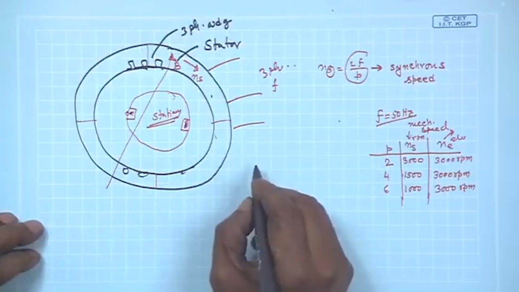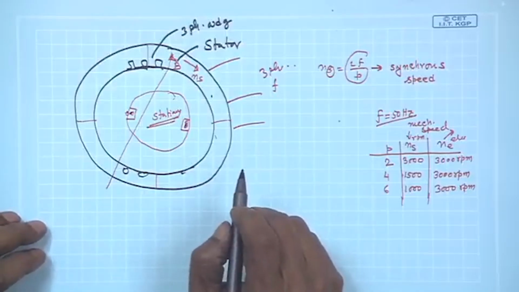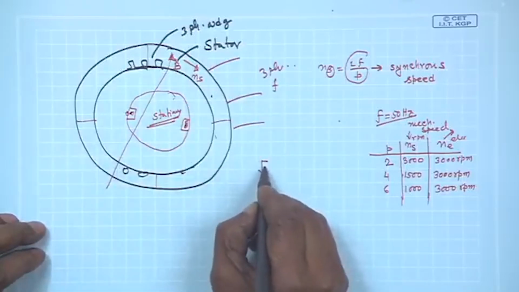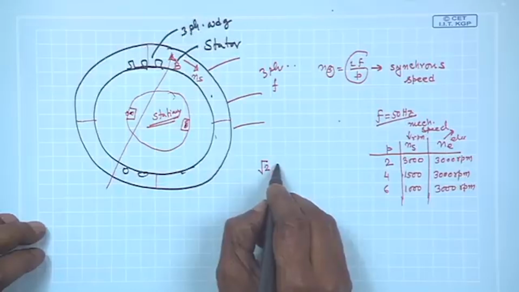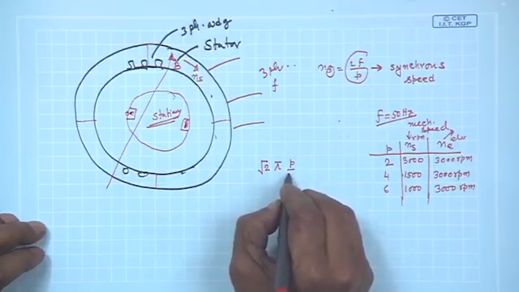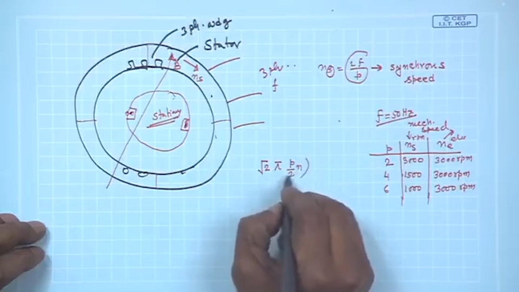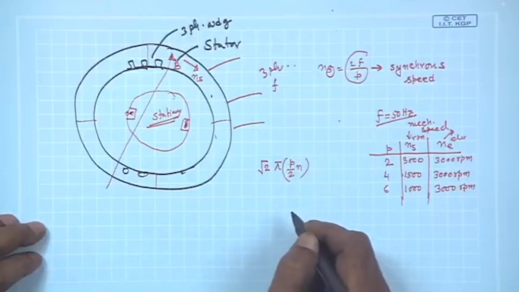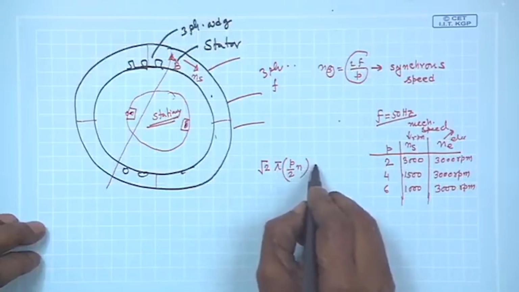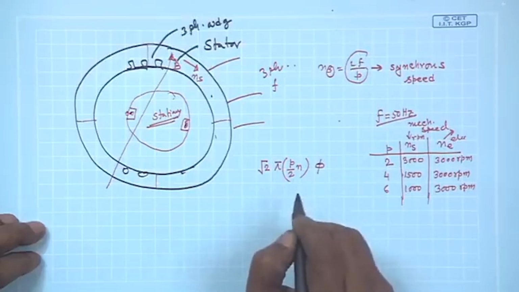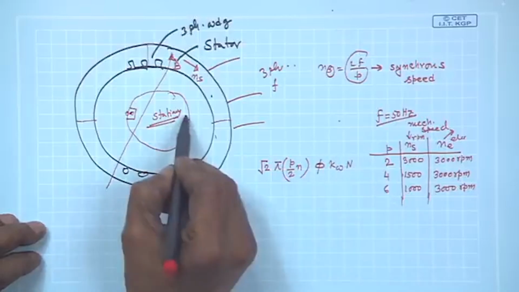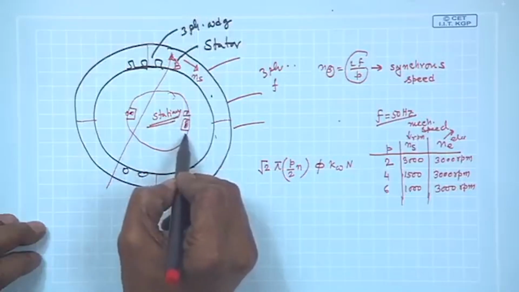You know, the RMS value of the voltage in a coil is root 2 pi p by 2 into n, root 2 pi phi and kw into N, because these windings, these coils may be distributed, I do not know.